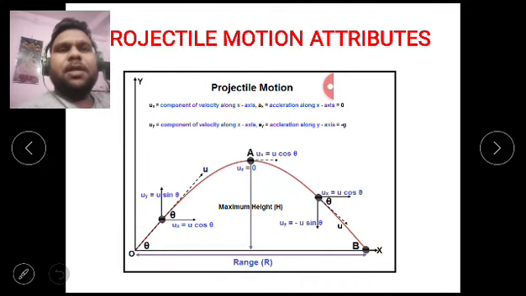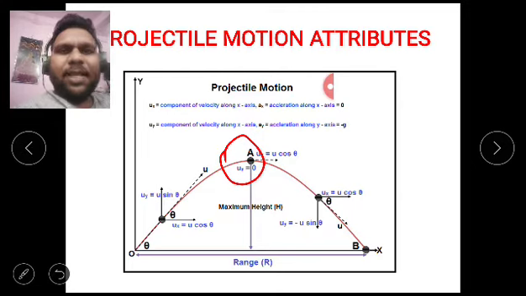Now we will discuss what is maximum height. Maximum height is the point at which the vertical component of velocity becomes zero. As we project the projectile, its vertical component keeps decreasing, and when it reaches point A, it stops vertical movement. It is the highest point.